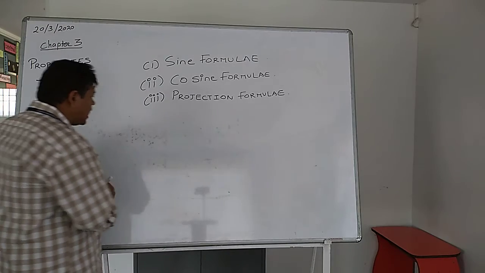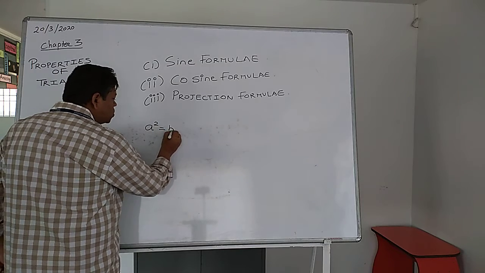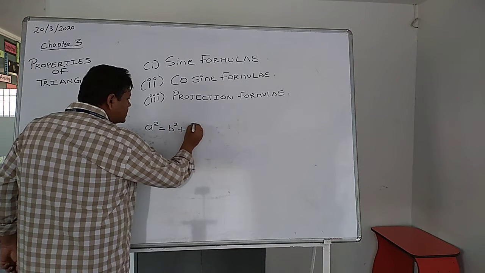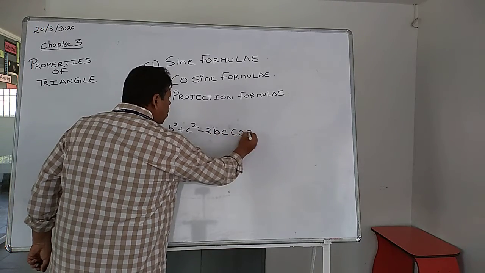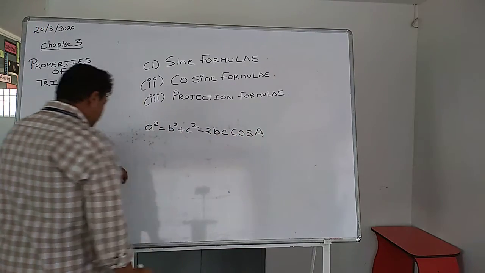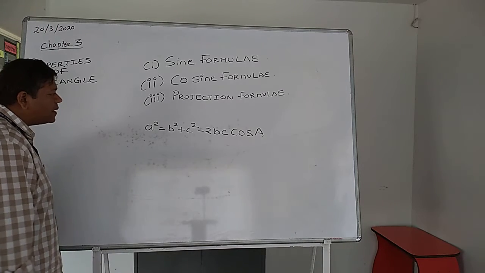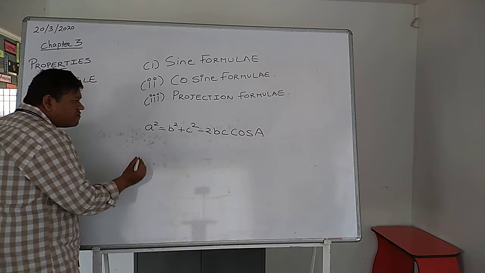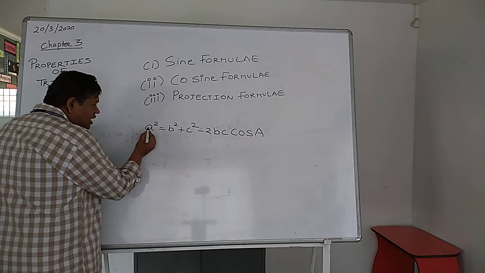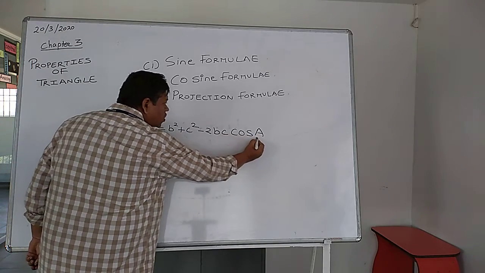That is, it goes like this. a square is equal to b square plus c square minus 2bc cos A. You can figure it out very clearly that it involves all the three sides and one of the angles of the triangle.